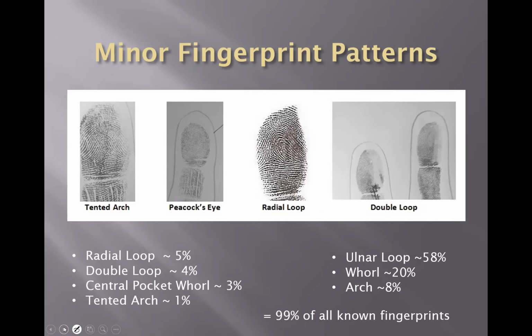There are three major fingerprint patterns, the arch, the whirl, and the loop. And there are four minor fingerprint patterns: the radial loop, the double loop, the central pocket whirl, and the tented arch. If you use that as a classification system and you're clear about how to identify all those patterns, then you'll be well on your way to understanding and seeing the significance of pretty much every fingerprint pattern that you're going to come across. 99% of all known fingerprint patterns are covered by these seven types.